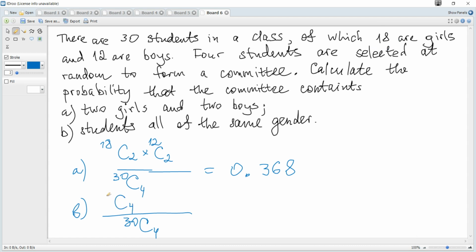Combinations 4 out of 18 plus combinations 4 out of 12. All girls or all boys. And it is equal to 0.130 to 3 significant figures. And that's all for this question.